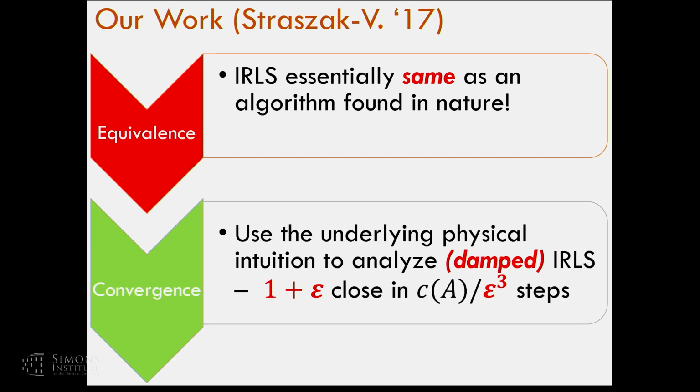And the second result is that we use this equivalence, along with the rigorous analysis of this natural algorithm, to give an analysis for this IRLS method. Concretely, we show that if you want to get within 1 plus epsilon multiplicative of the optimal solution, the convergence time depends on 1 over epsilon cubed.